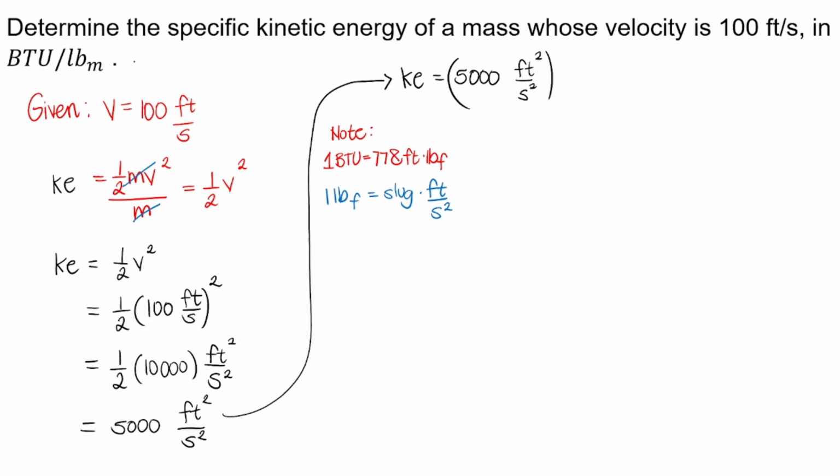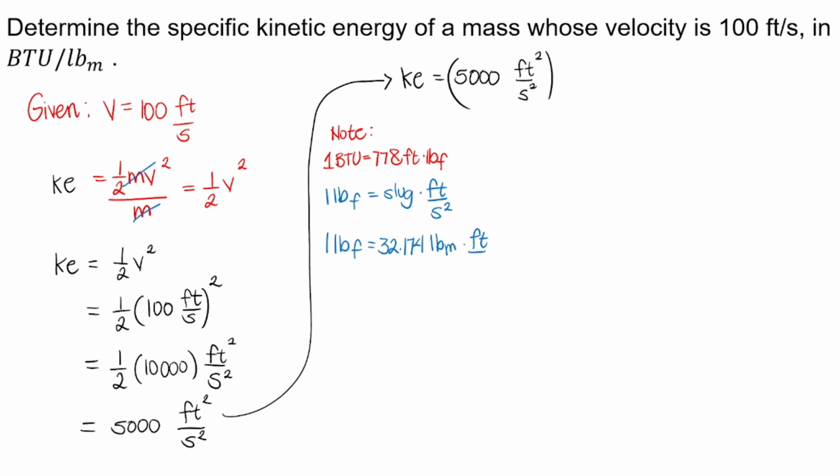But kailangan natin is a pound mass, so we will just convert slug to pound mass. And we know that 1 slug is equal to 32.174 pound mass.